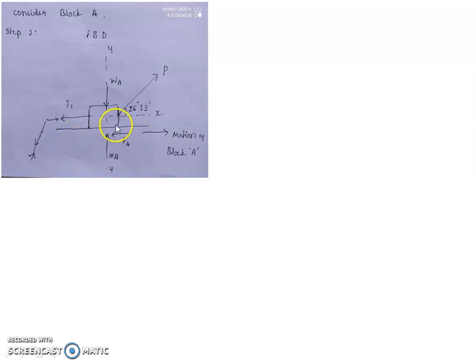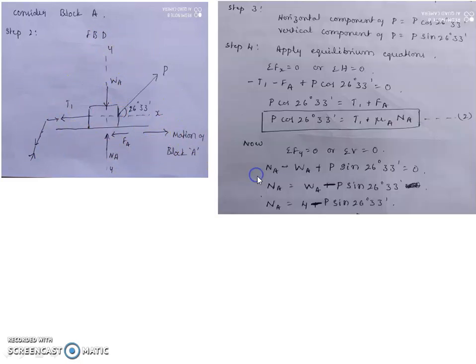That is F in this direction, FA. Due to weight, normal reaction NA will be generated upwards, as given in this figure. Now consider the horizontal component of this P, that is P cos 26 degree 33 minute, and the vertical component becomes P sin 26 degree 33 minute.